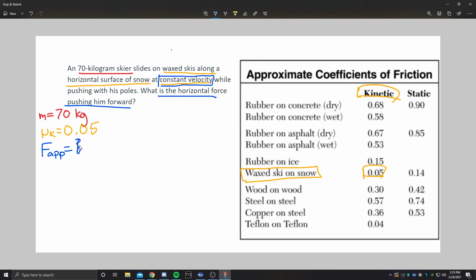So we need to say that F applied is equal to your force due to kinetic friction. And we know that my force due to kinetic friction is equal to μk Fn.